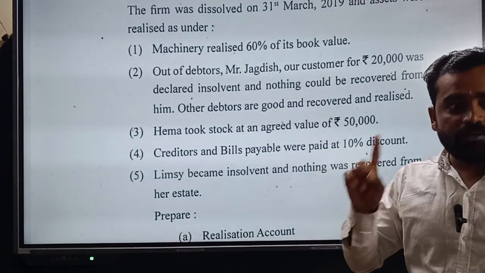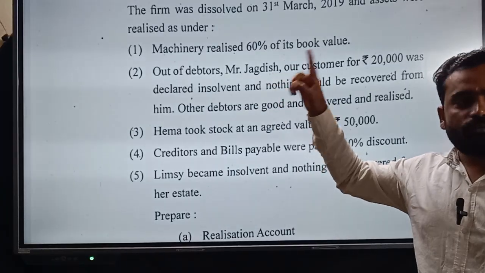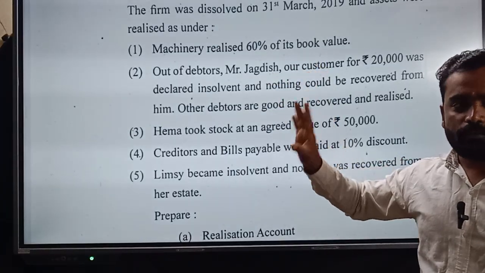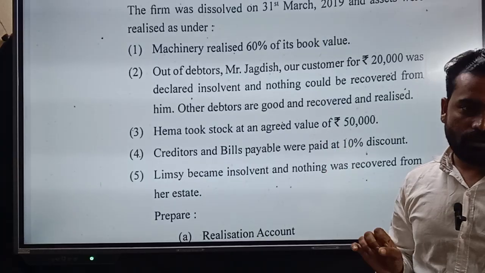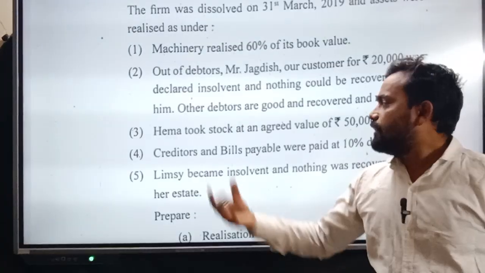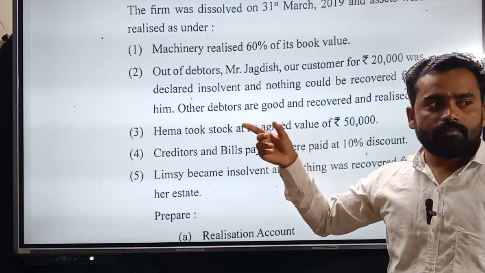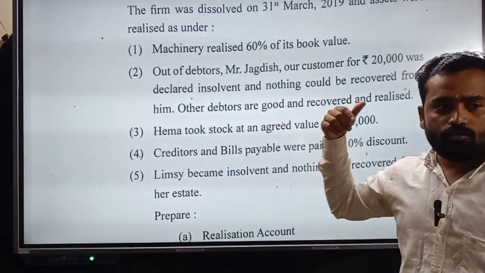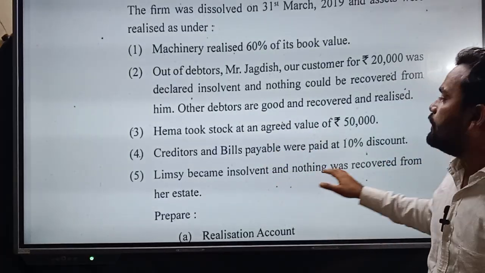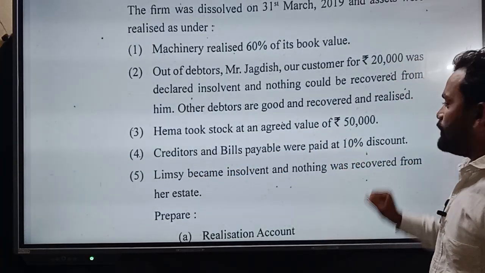So the first effect is a debit to partners' capital, and the second effect is a credit to the realization account, because the partners' capital account is a personal account, and the personal account rule says debit the receiver. Hema received stock, so Hema's capital account will be debited and realization account will be credited. Understand?